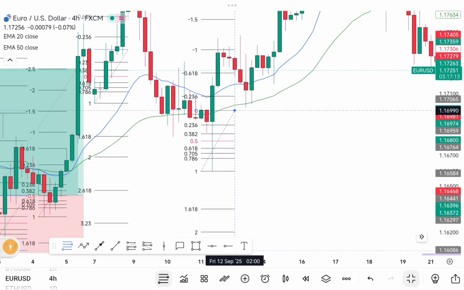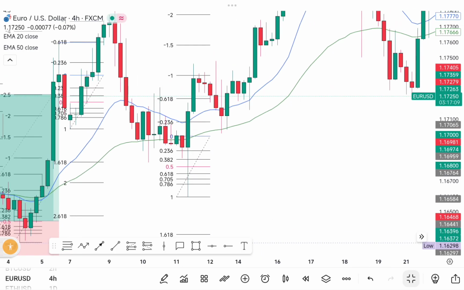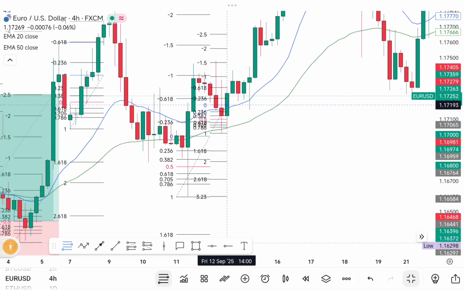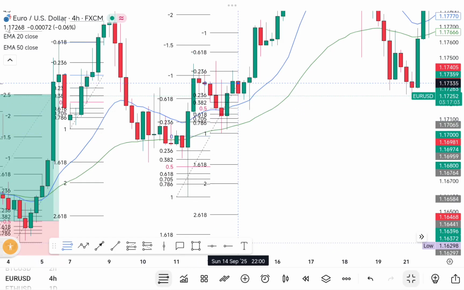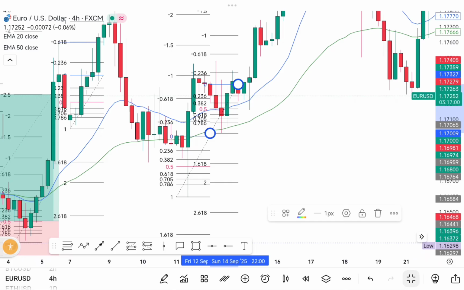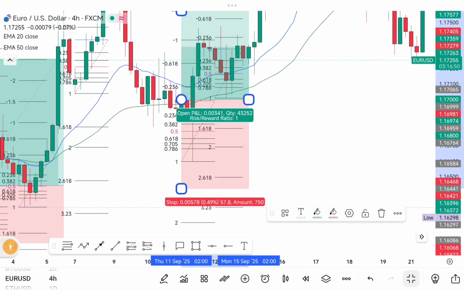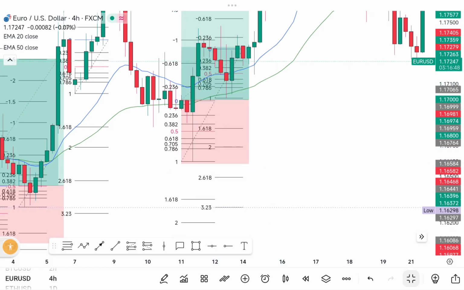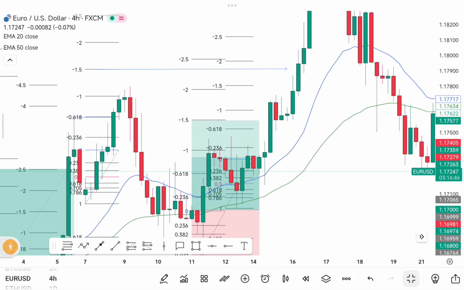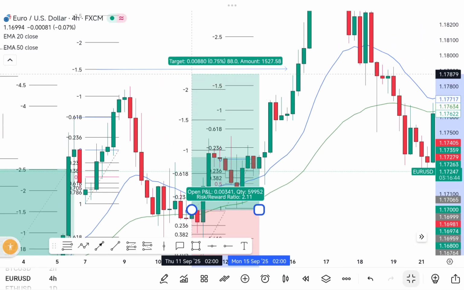That is a change of character there, which gives us a structure to project our new Fibo. Then there comes a pullback, giving us a higher low and another break of structure. We project this to confirm the earlier Fibo projection we made, which confirms our exit points.